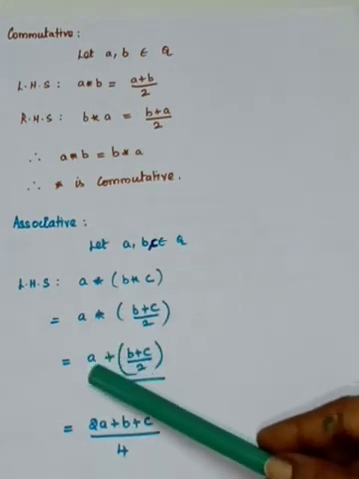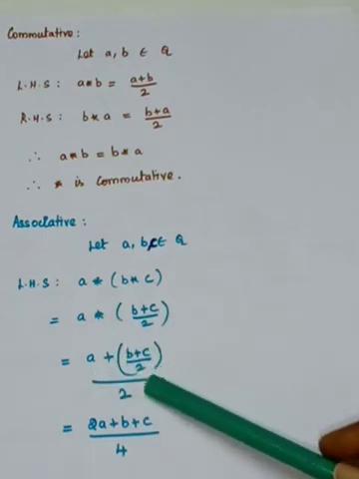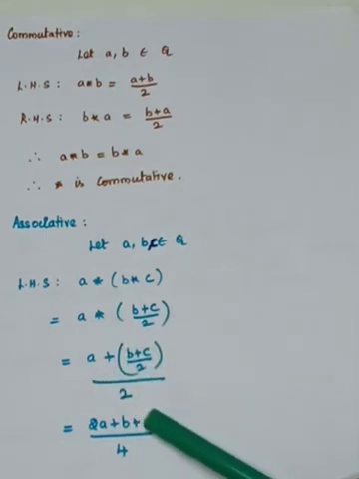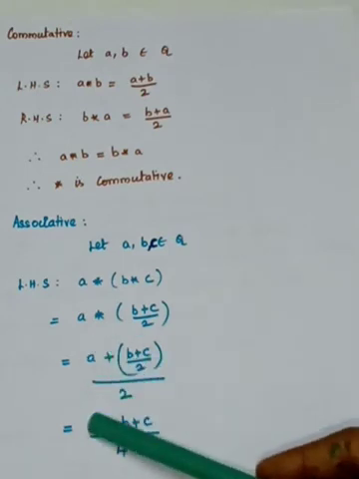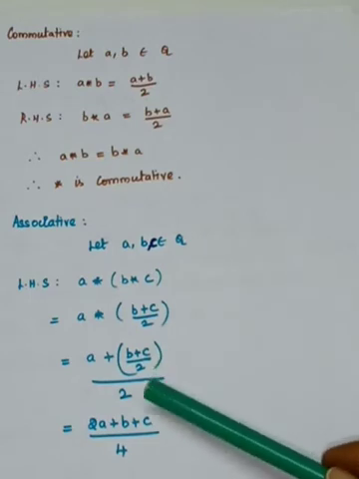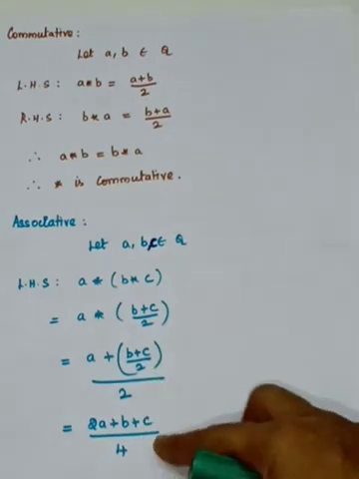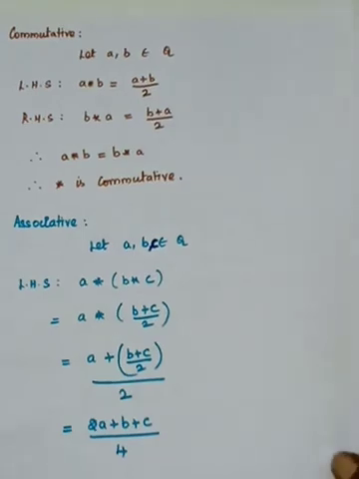So what are you getting? (A plus (B plus C) by 2) whole divided by 2. Okay, so if you take LCM, it is (2A plus B plus C) by 2, and by 2. So it is nothing but divided by 4. So the left hand side answer is (2A plus B plus C) by 4.